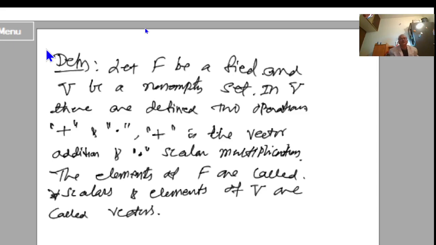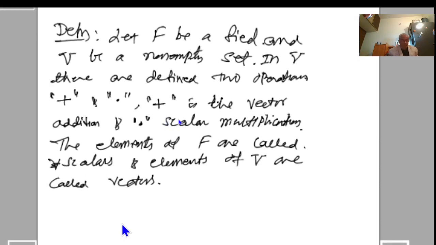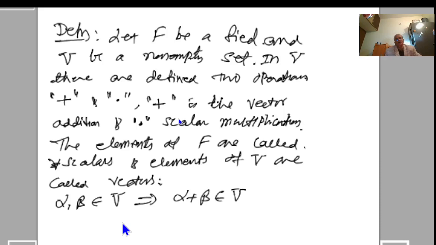Okay. Now here, how we define addition and the scalar multiplication is: alpha, beta belongs to V implies alpha plus beta also belongs to V. So this is the addition. In V, we define two operations, one is plus and another is dot.